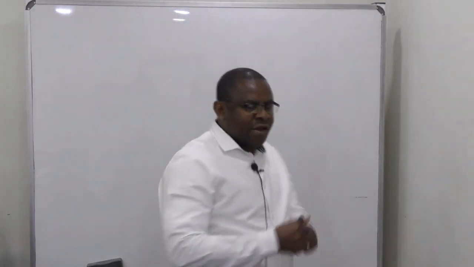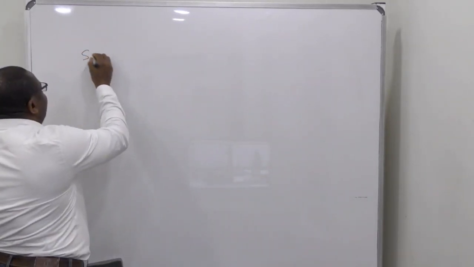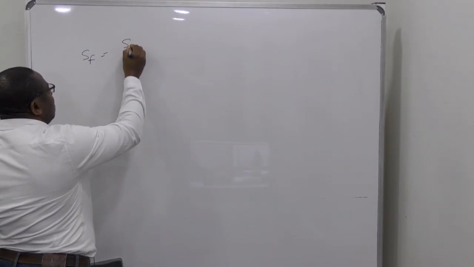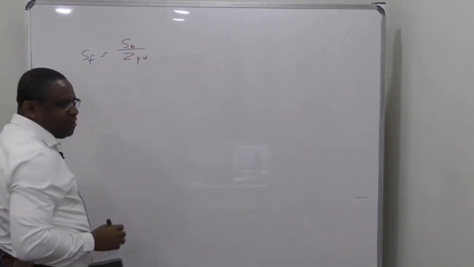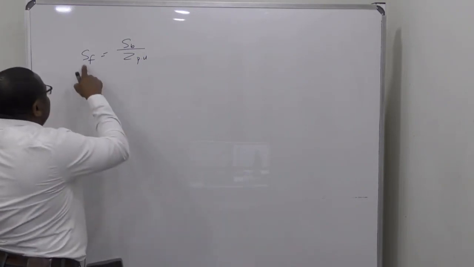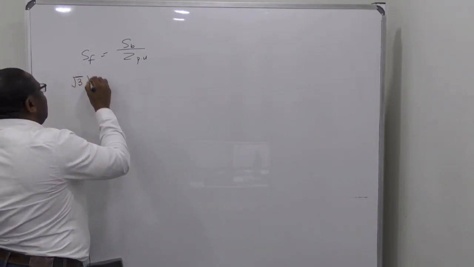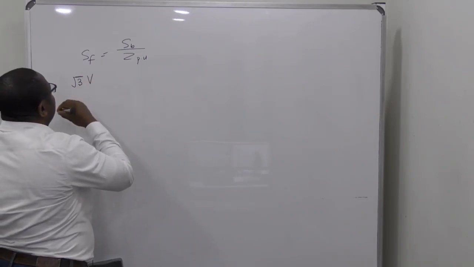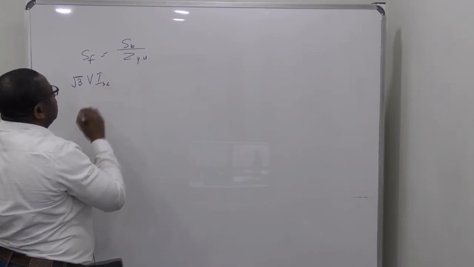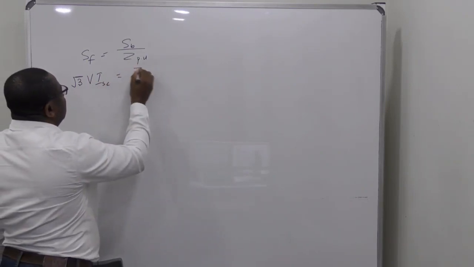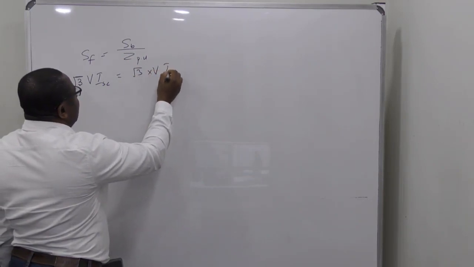All right, so now I just want to show you something. So we said that S fault is the same thing as S base over Z in per unit. So remember that S fault is √3 multiplied by V multiplied by I short circuit, right? And the S base is also √3 multiplied by V multiplied by I base.